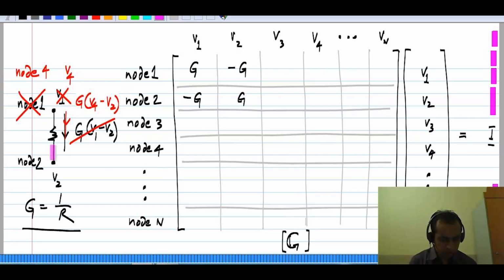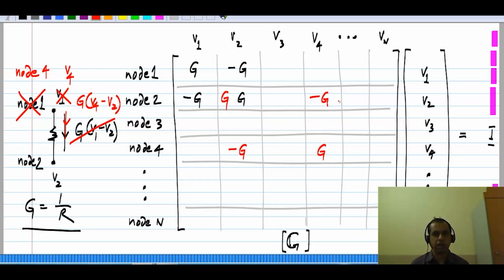The current flowing away from node 4 is G times V4 minus V1, so we would have G times V4 minus G times V2. The current flowing away from node 2 is G times V2 minus V4. So I'll have, instead of this G, I will show it in red, G times V2 minus G times V4.